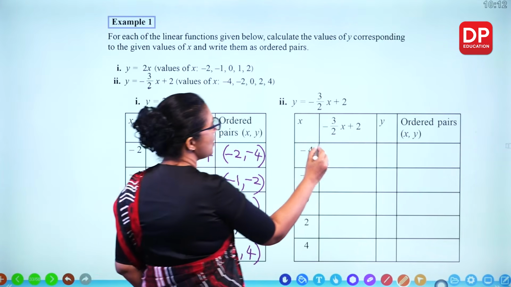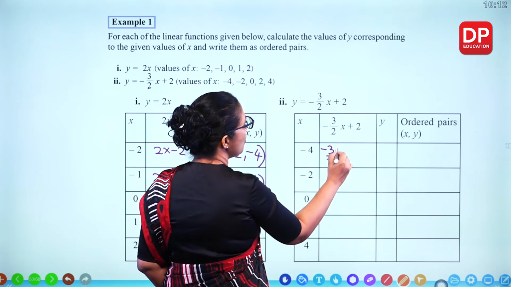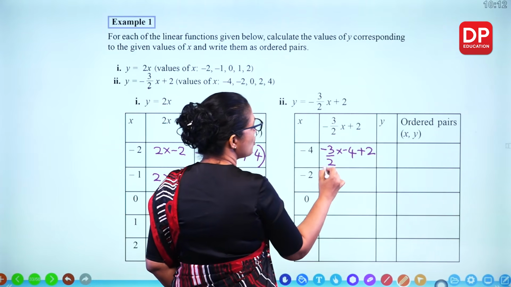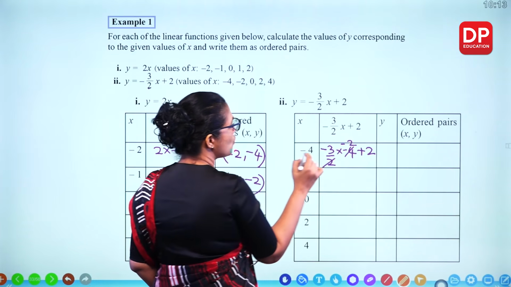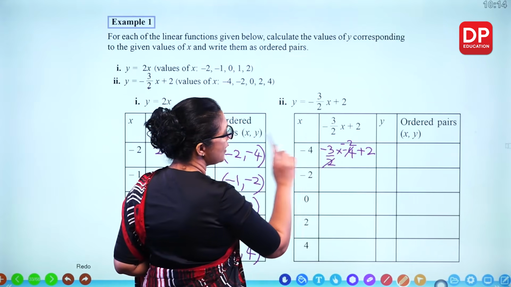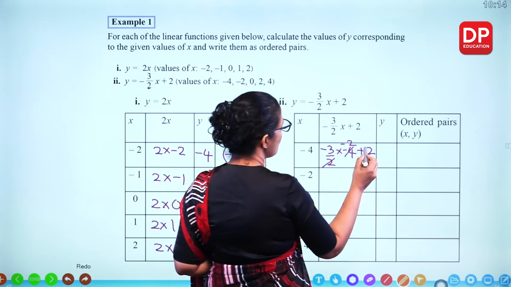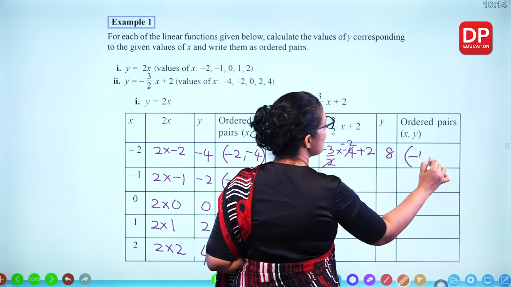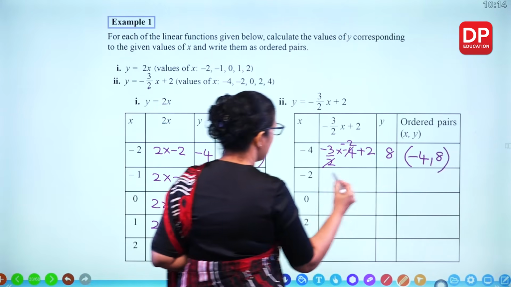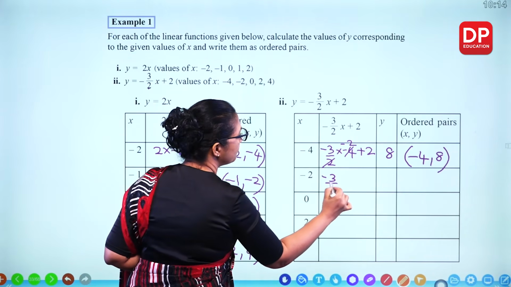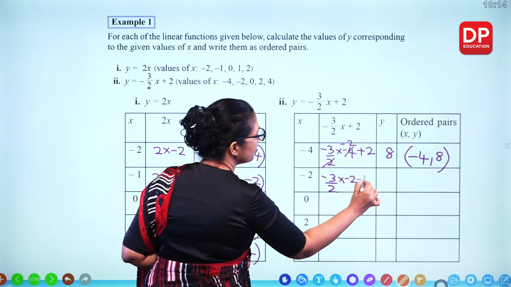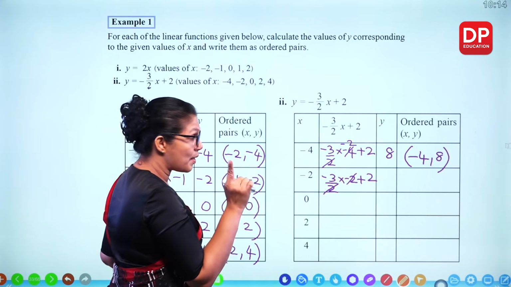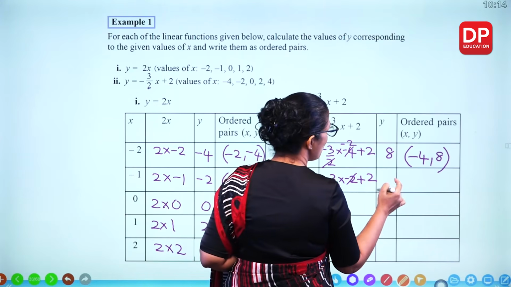Now, substitute minus 3 over 2 into minus 4 plus 2. 2 and 2 cancel, and you get minus 2. Minus 3 times minus 2, 6. 6 plus 2, 8. So, minus 4 and 8. Substitute minus 2. 2 and 2 get cancelled out. Minus 3 into minus 1, plus 3. 3 plus 2, 5.